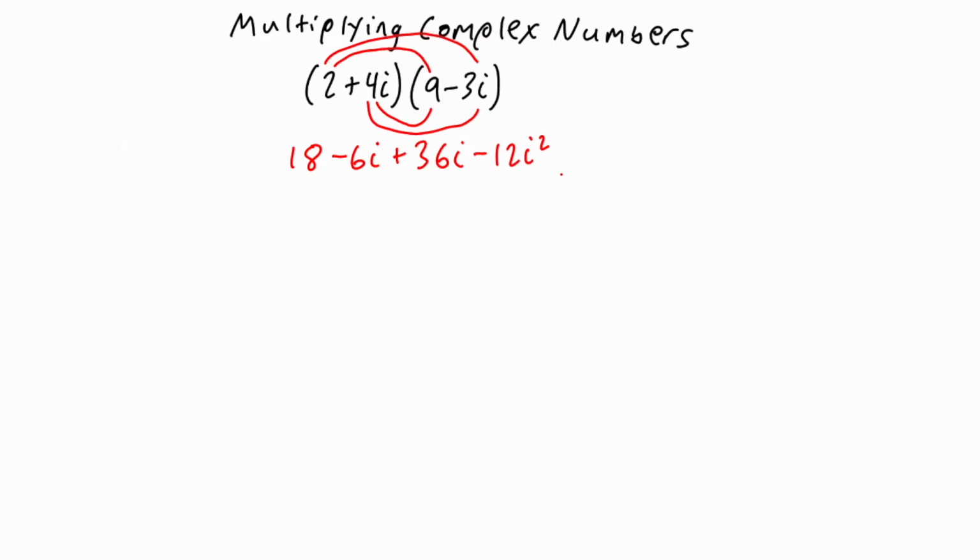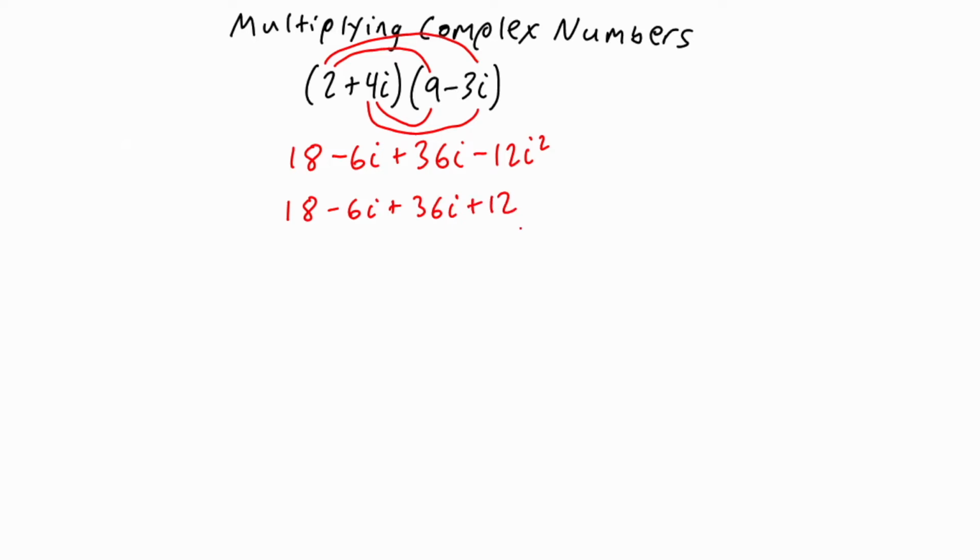And so before we go ahead and combine like terms, we need to deal with that i squared. i squared, remember, is negative 1. So we can rewrite this whole thing: 18 minus 6i plus 36i, and then negative 12i squared is the same thing as saying negative 12 times negative 1. And so that makes this plus 12.